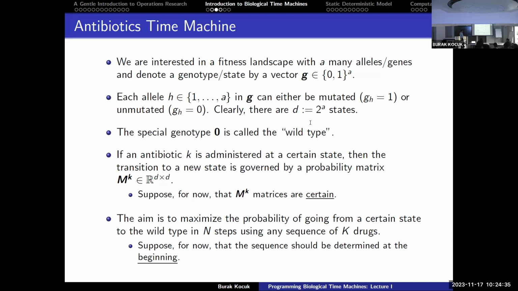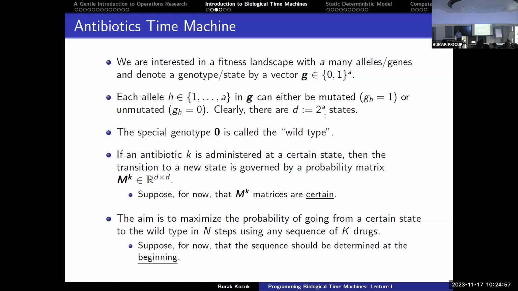And the aim in the problem is to maximize the probability of moving the state to the wild type in n steps using a sequence of these antibiotics. So the parameters here are these matrices, which are given to you, and we specify how many times to apply each antibiotic.